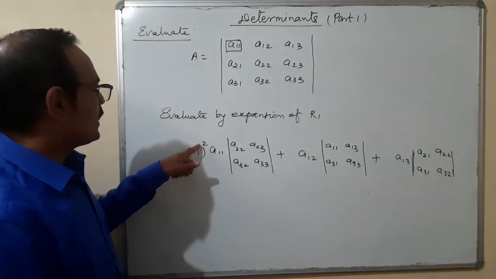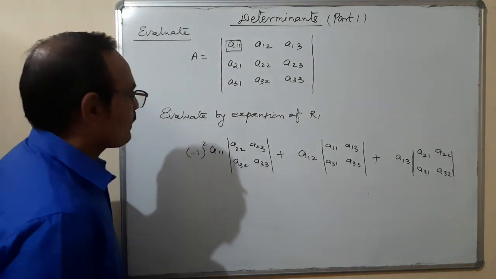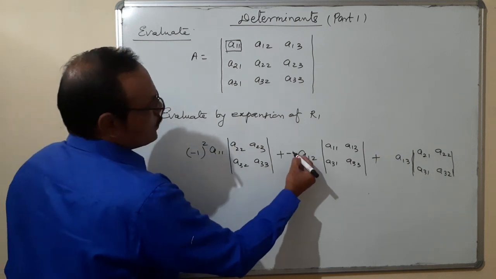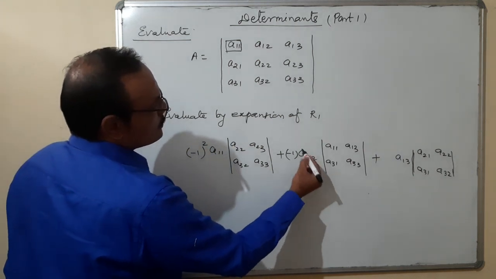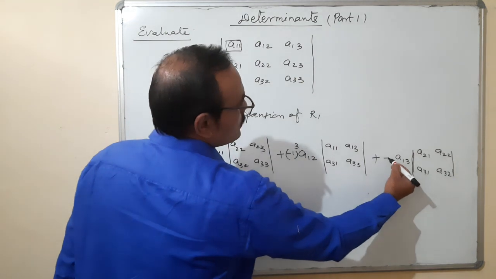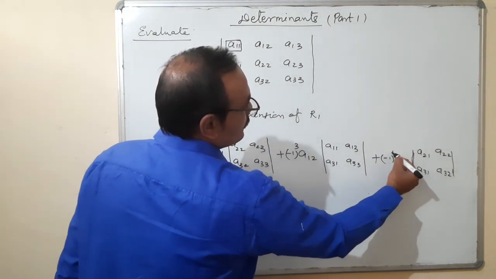So minus 1 to the power 2, because 1 plus 1 is 2. Here minus 1 to the power 1 plus 2, which is 3. And that is minus 1 to the power 1 plus 3, which is 4.